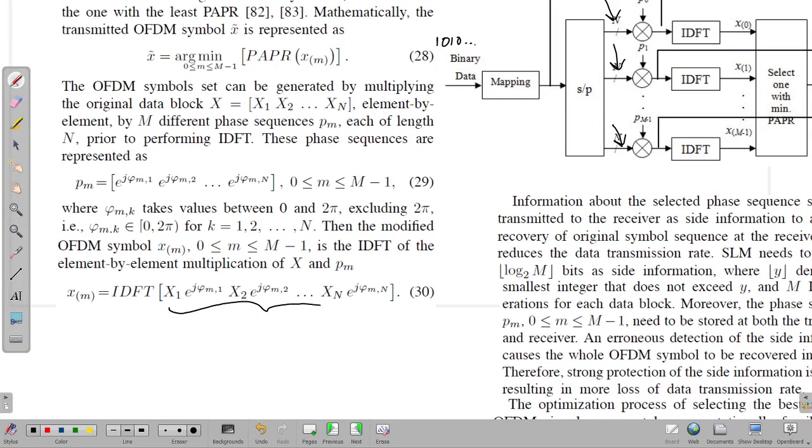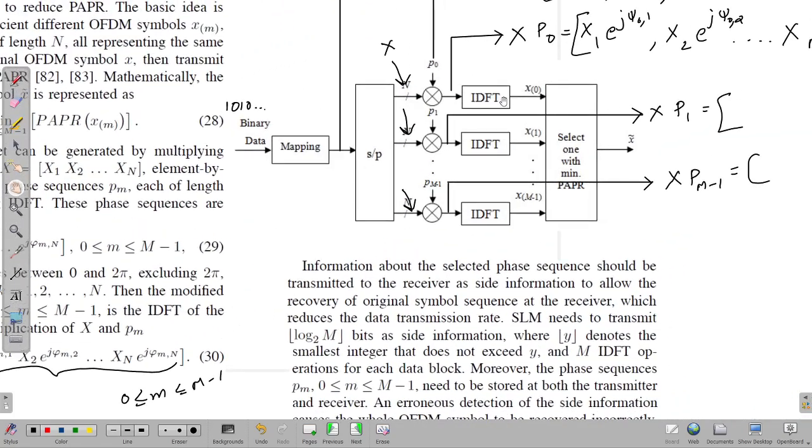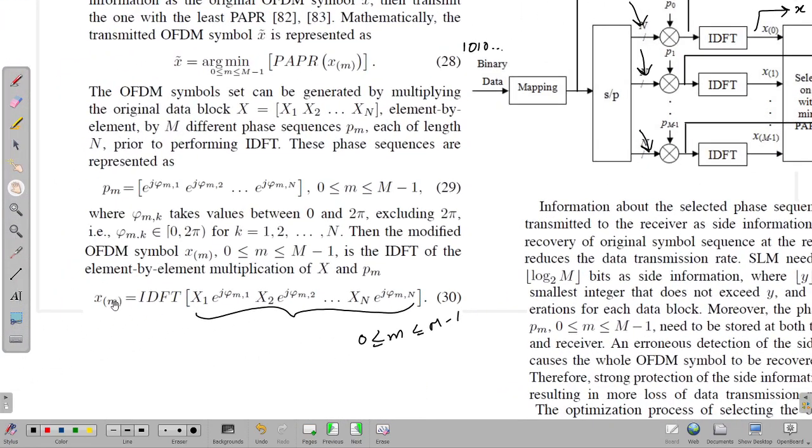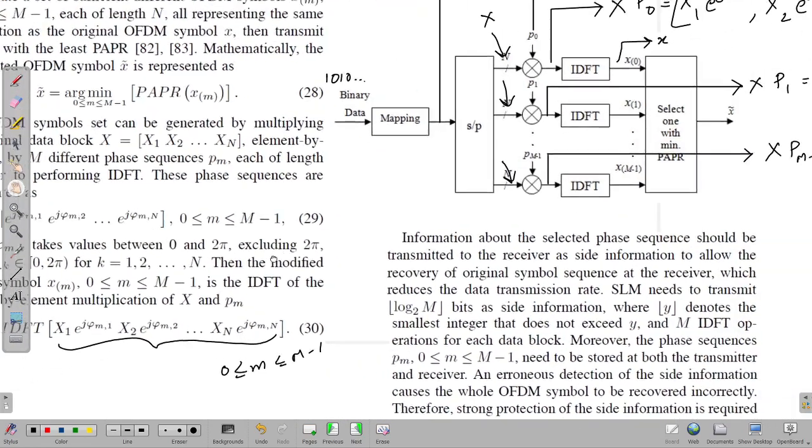Okay, you have it like this, where m varies from 0 to m minus 1. So you have these symbols xp0, xp1 up to xpm minus 1, and an n-point IDFT is taken, and you will have here x in bracket subscript m.